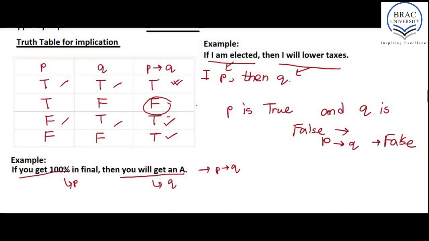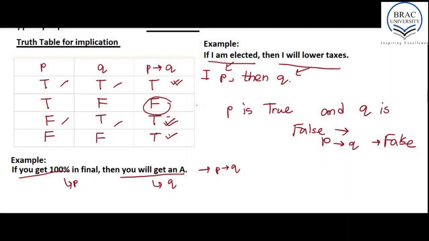So if you do not get full marks in final, you can also get an A in the course. Okay, so this can be true also. Now if you do not get 100% in final and you do not get an A, this is also expected.